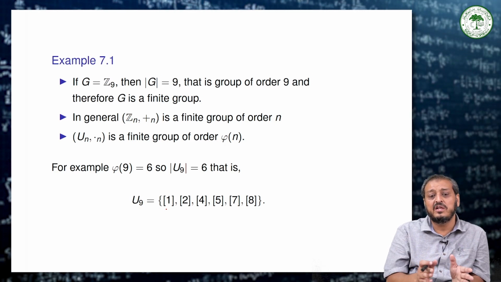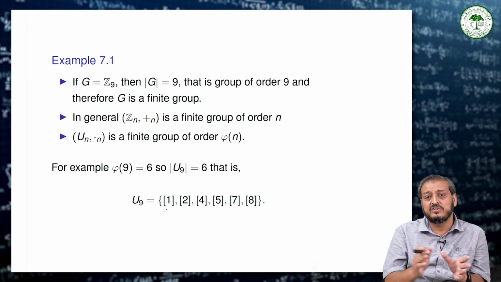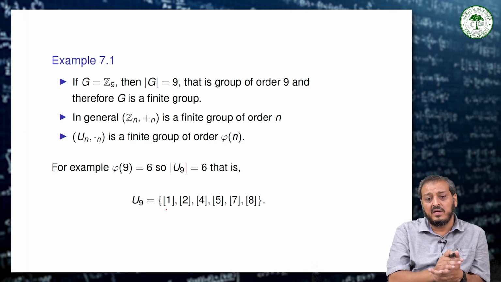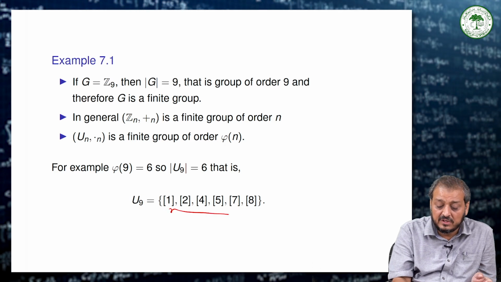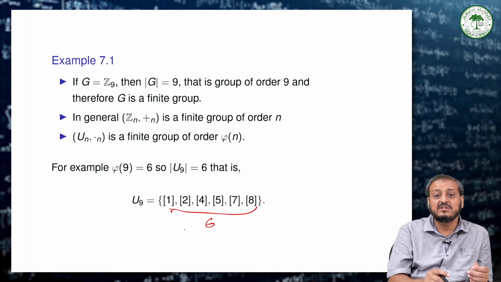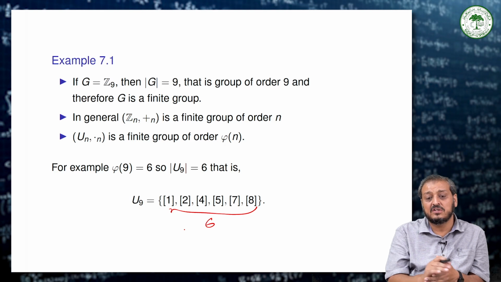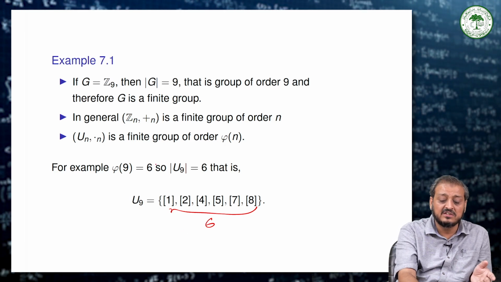So these are the only numbers from 1 to 9 which are relatively prime to 9. They are the members of this set, and the total number of them is clearly equal to 6. So the size of this is equal to 6. So phi of 9 is equal to 6.